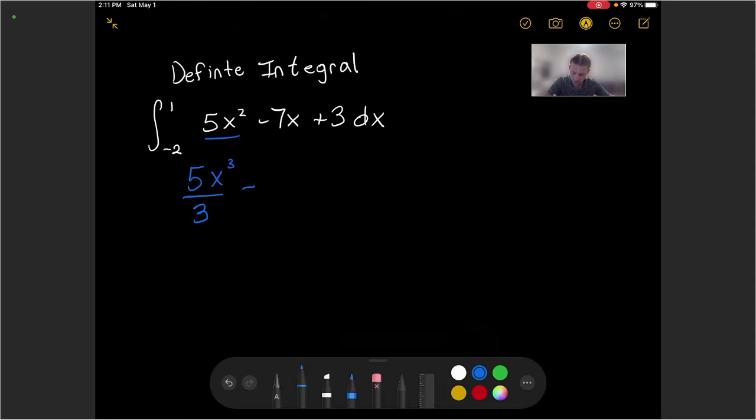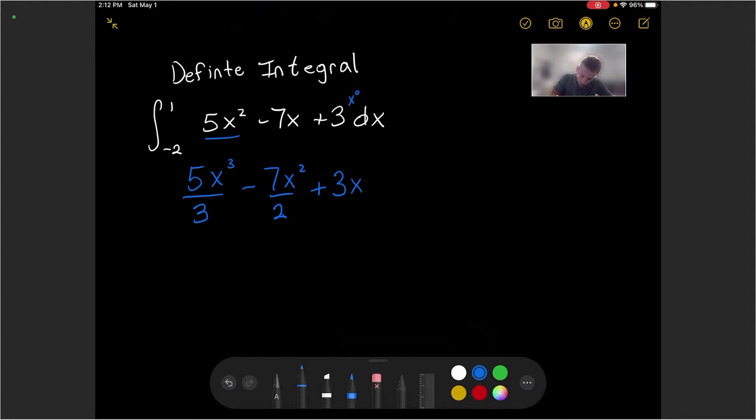Minus 7x is now going to be raised to the second power, divided by 2. And then the last being plus 3. Really, we have an x raised to the 0 sitting over here, so we'll raise it to the 1 power, and that will be just x to the 1 divided by 1. Doesn't do anything, so we'll just have 3x.